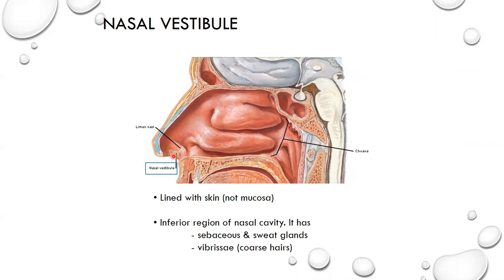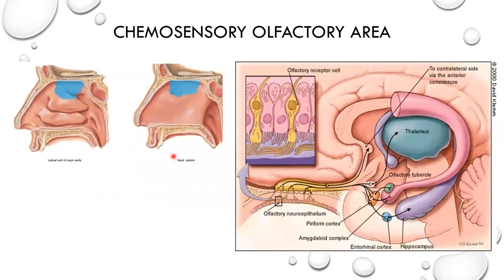The second region is the chemosensory olfactory area, the blue shaded area. This region consists of peripheral receptors for olfactory sensation, for smelling.